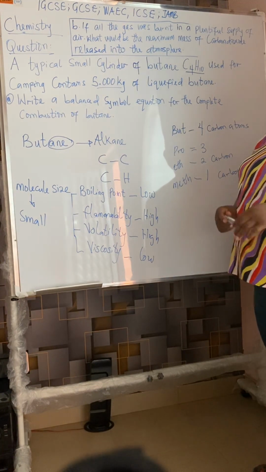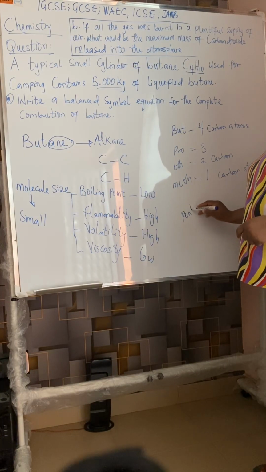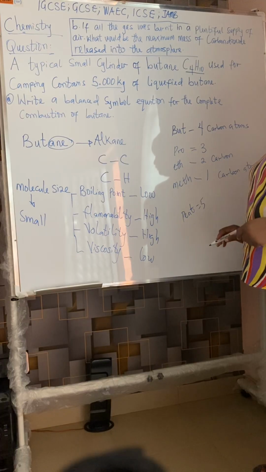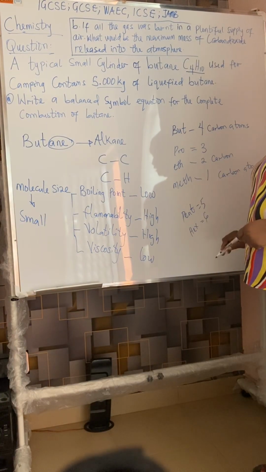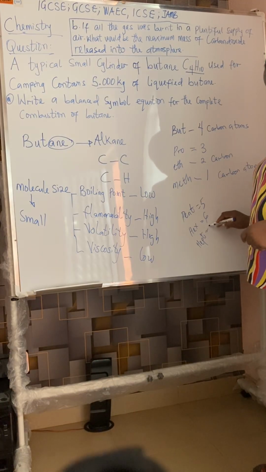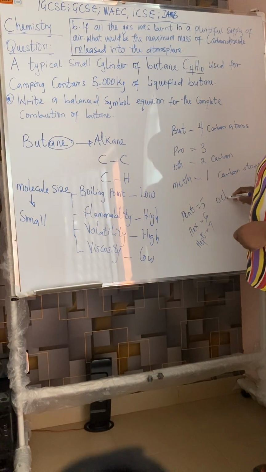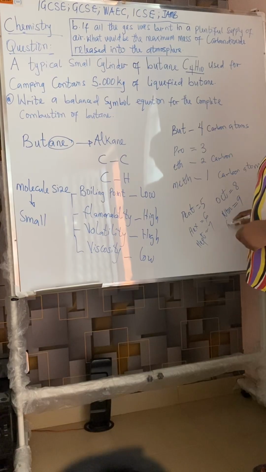If it is 5 carbon atoms, then you will see something like pent, 5, hex, 6, hept, 7, oct, 8, non, 9, dec, 10.